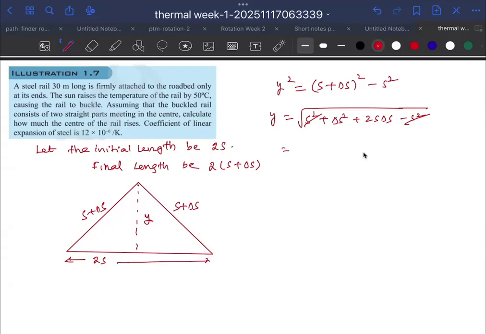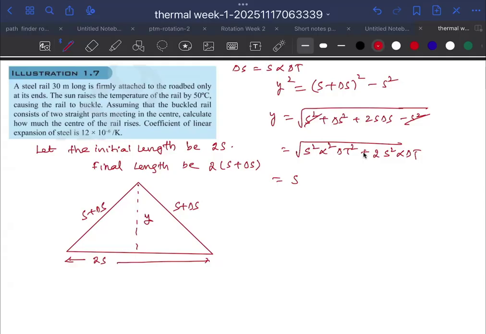So finally, see, what is delta S, by the way? Right. S into alpha into delta T. So that gives S square alpha square delta T square plus 2 into S square alpha delta T. So the only thing that you can do is you can take S common out.